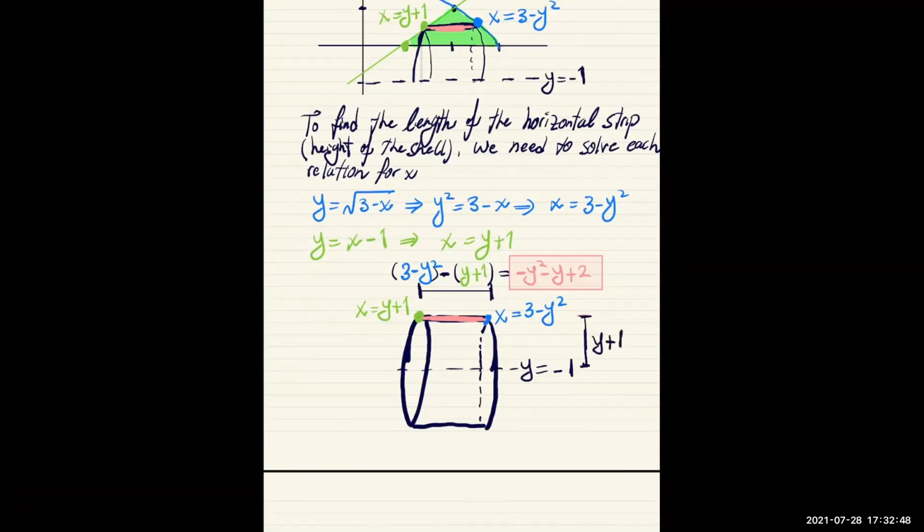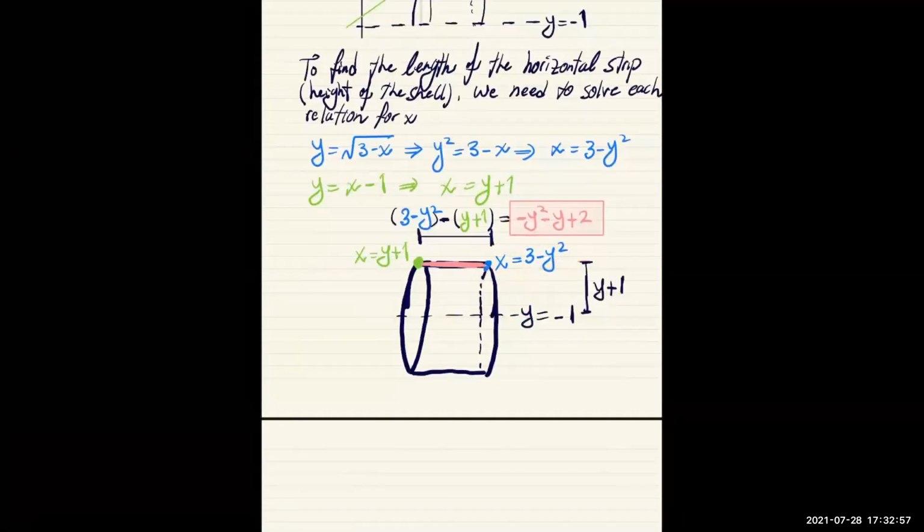So again, if you're wondering why this is a y, it's because the coordinates of this point, for x is 3 minus y squared. That goes for x, and for y it's just y. So the y coordinate is y, and then you do minus negative 1, that gives you y plus 1.